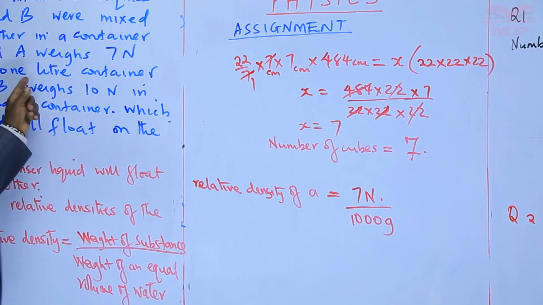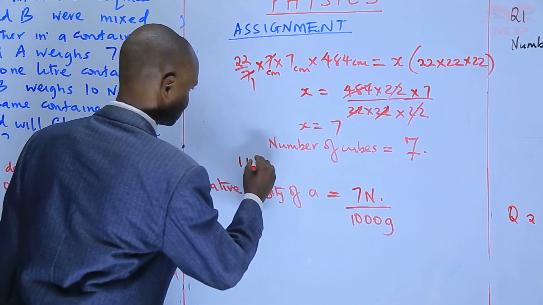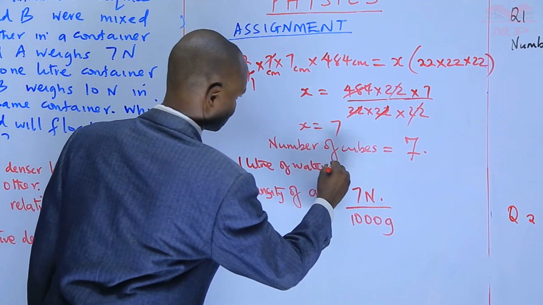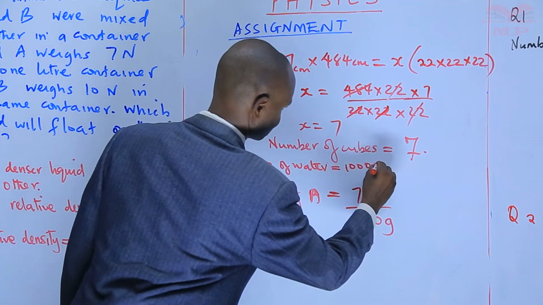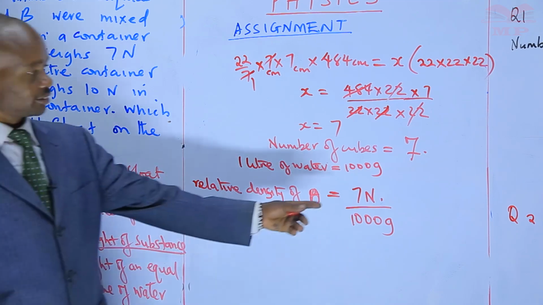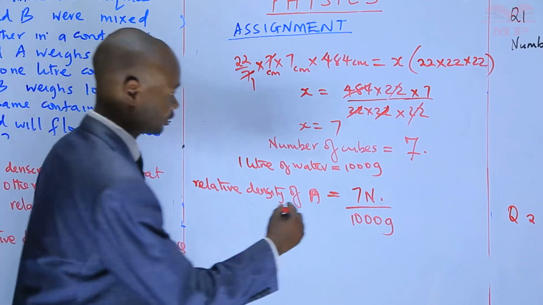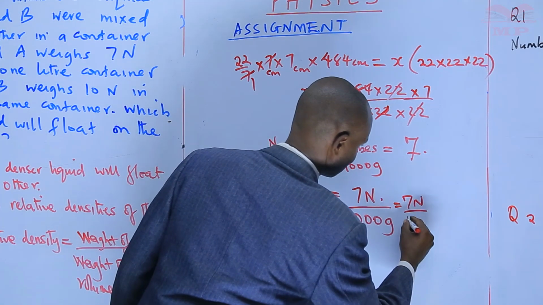They have mentioned in 1 liter container. 1 liter of water is equal to 1,000 grams. But here you have newtons and grams. You have to convert to the right unit. So this comes to 7 newtons over 1 kilogram.